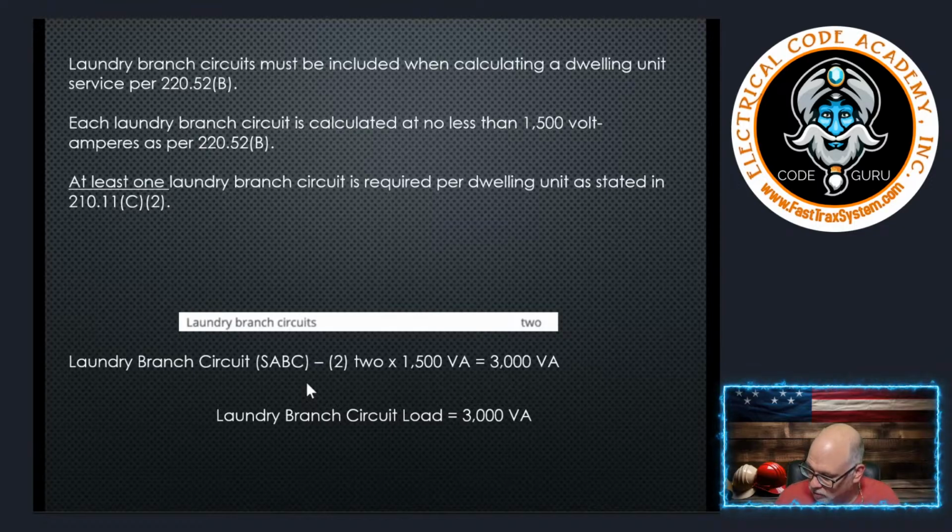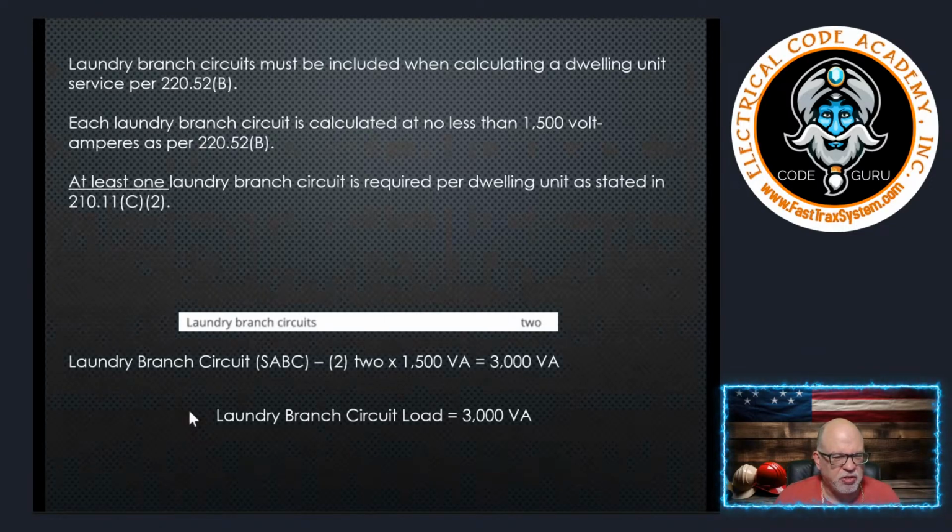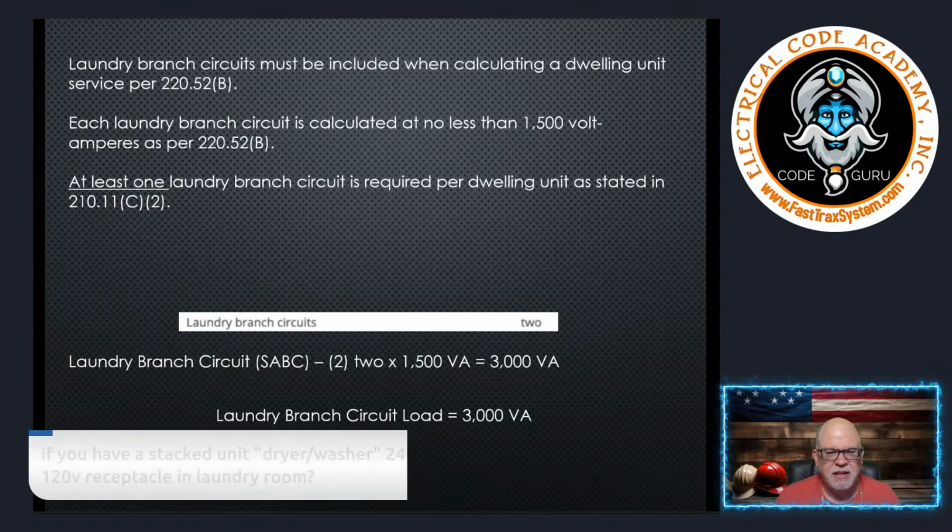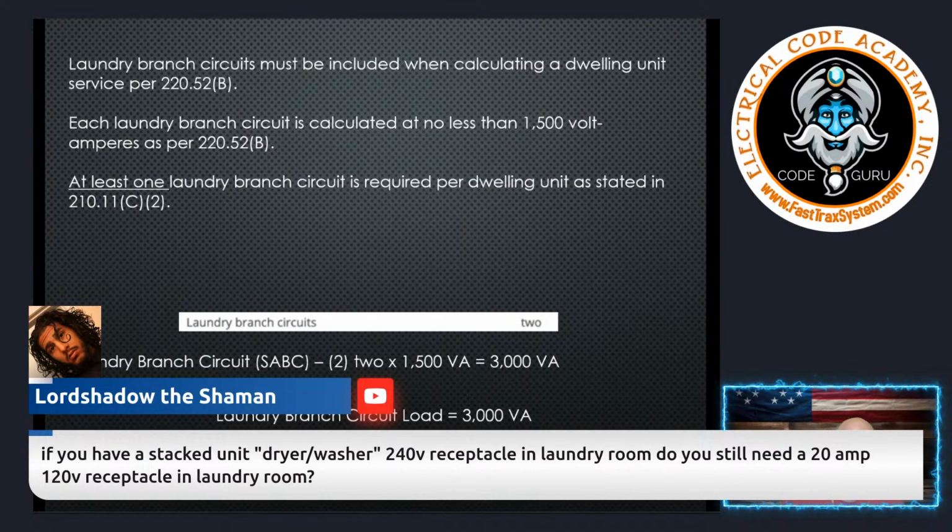All right, we have a good question that came up here. If you have a stacked unit, remember, dryers are not required. The laundry circuit is required, okay? So you're still required to have the laundry circuit at 20 ampere regardless.